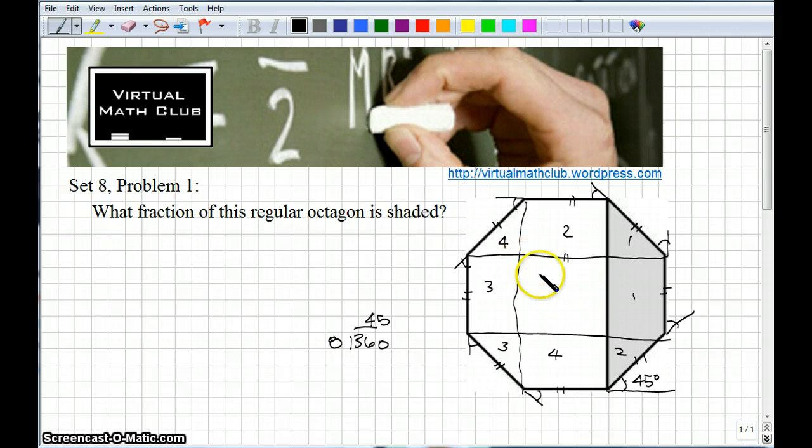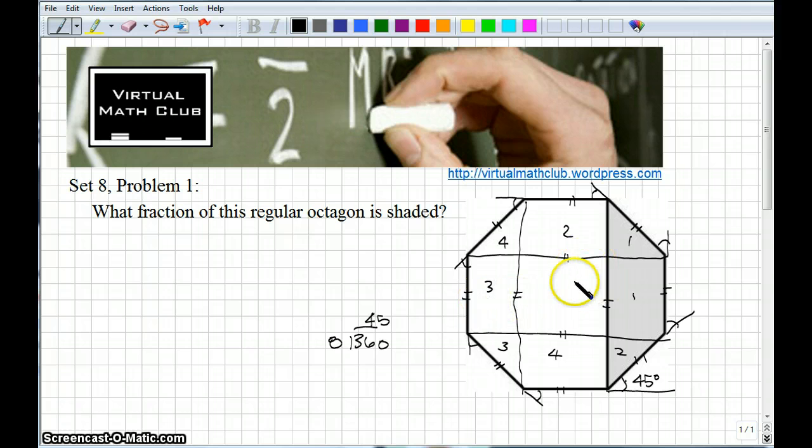And you can also see that there's a square in the middle here. If these were parallel lines, you would see this would have to be a square. The sides are all the same length because this side length has to be the same as this side length.